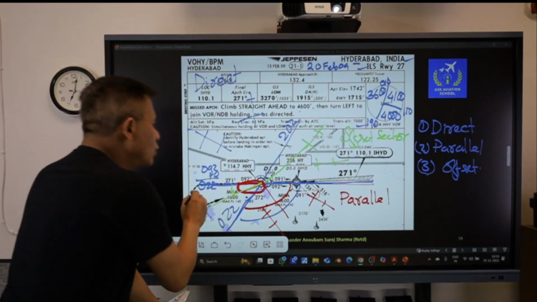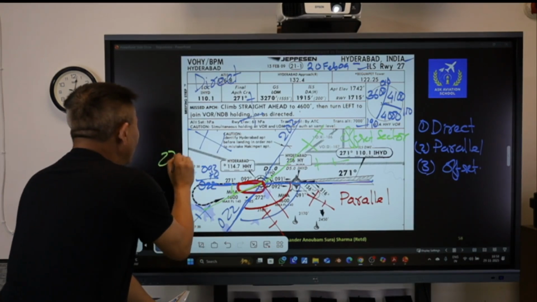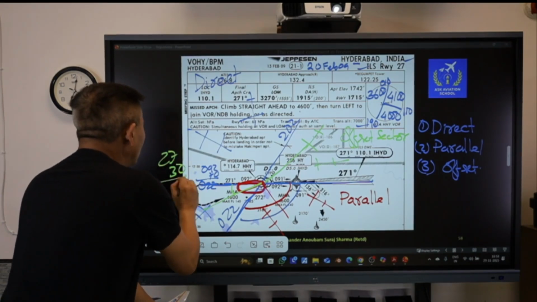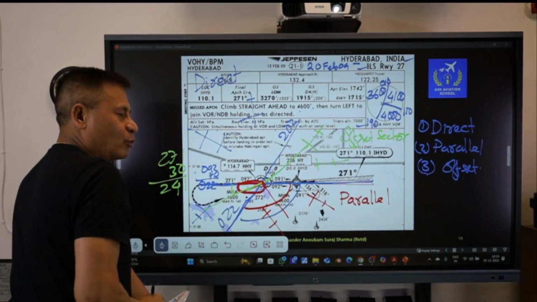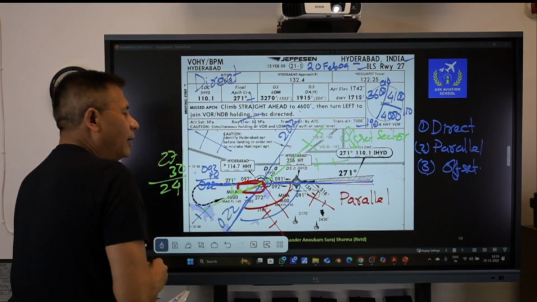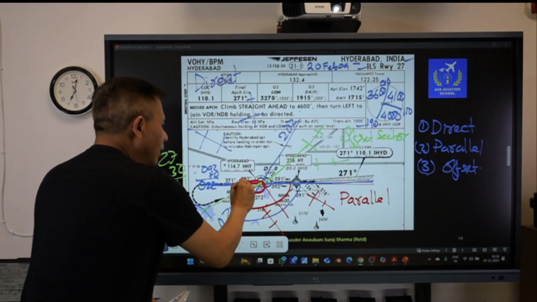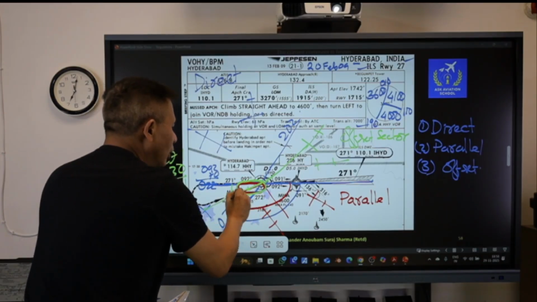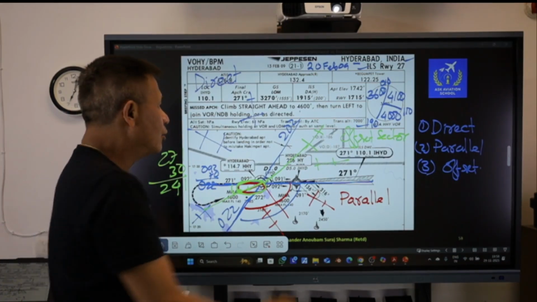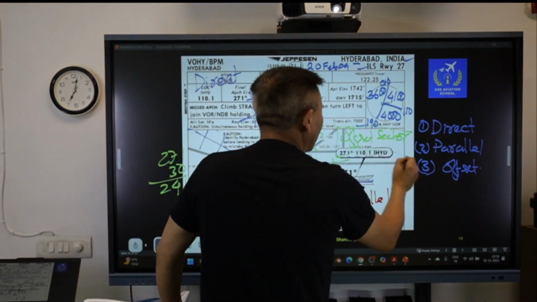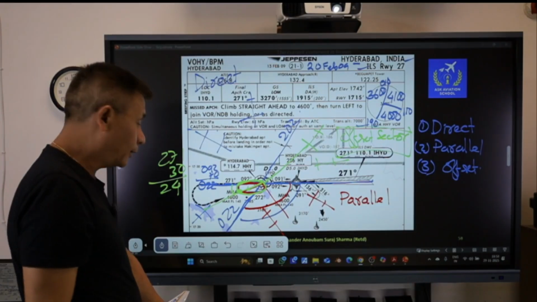That is 271 minus 30, which is equal to 241. I will fly on the direction of 241 for 1 minute and thereafter carry out a right turn and come like this and continue and join the hold like this. So this sector is what we call an offset sector.